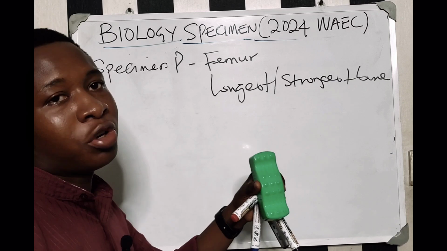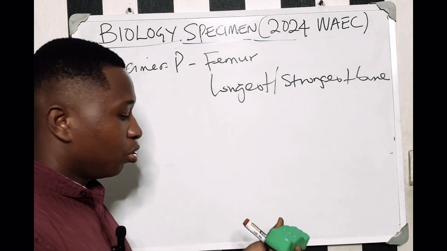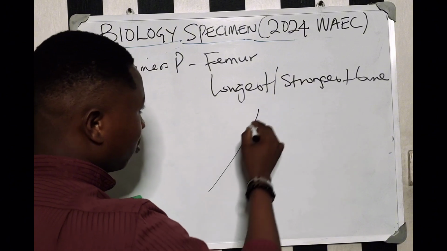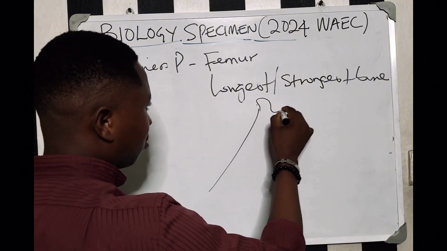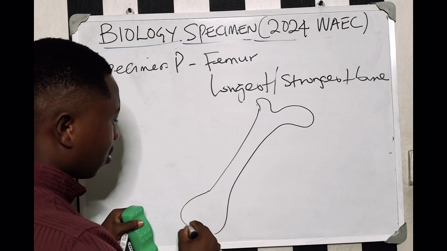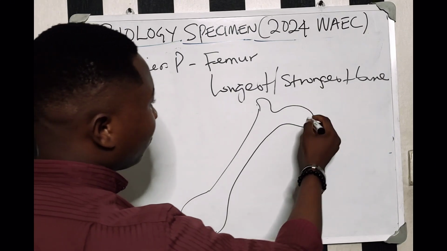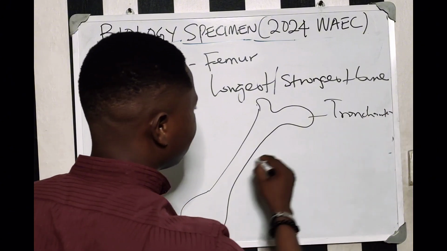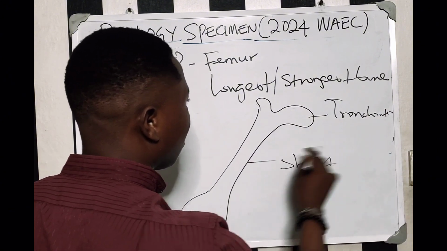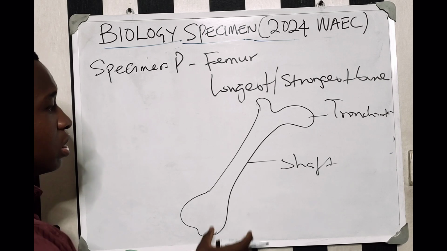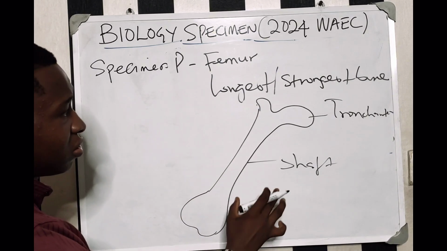You may be asked to draw the femur. So you just draw a simple structure. Femur, you have the trochanter, the shaft, and other parts. So these are the questions that can come out for the femur.